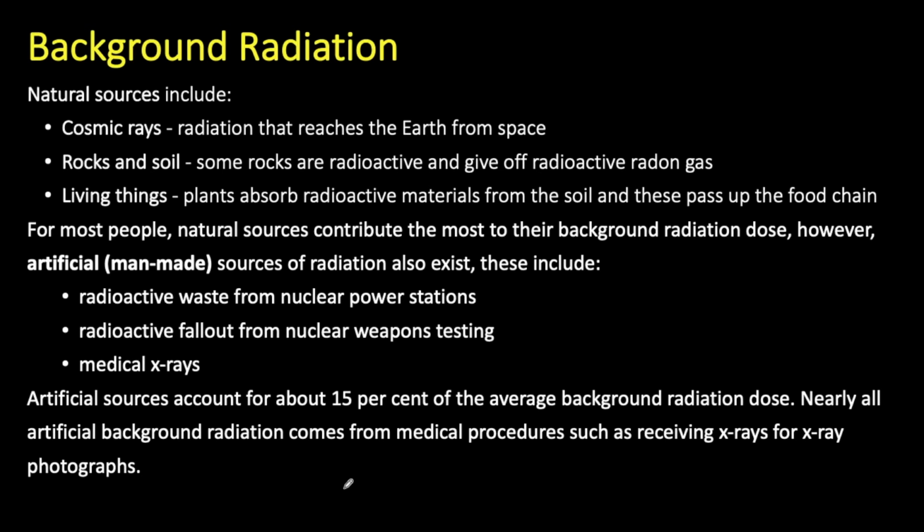Now, for most of us, our background radiation dose will consist mostly of these natural sources. However, it's important to note that there are a number of man-made or artificial sources which exist and could be contributing to your background dose, such as radioactive waste from nuclear power stations, radioactive fallout from nuclear weapons testing, and medical X-rays.